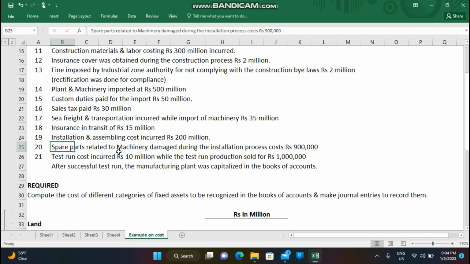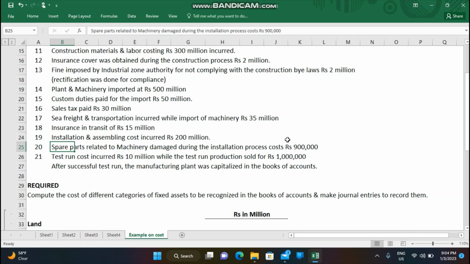Next is spare parts related to machinery damaged during the installation process, cost rupees 900,000. So there were some parts related to the machinery that was imported, and during the installation process those were damaged, and it cost rupees 900,000. This is a loss during the installation process, and this loss should have been avoided, but for some reason it occurred.